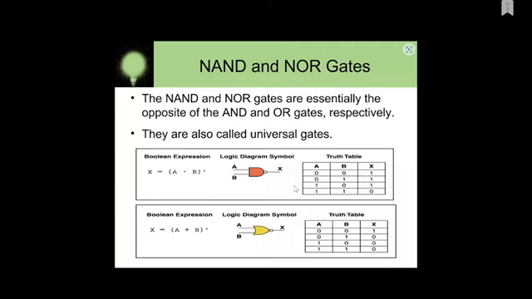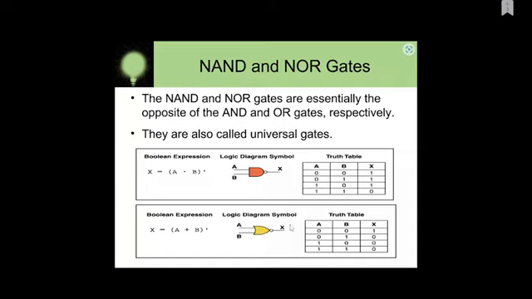Okay. Coming to another gate, that is the NOR gate. This is the logic diagram of the NOR gate, and this is the Boolean expression and truth table. The NOR gate is the bubble OR gate.